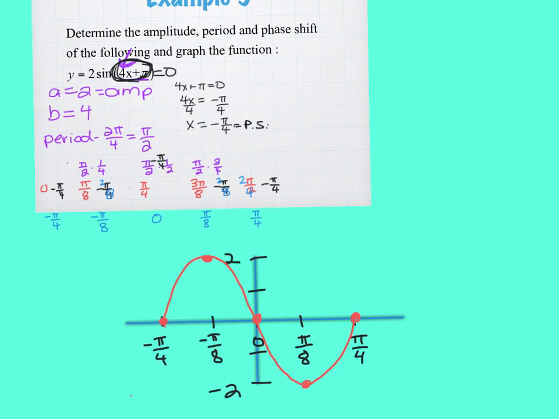So the pattern always starts at 0, then up, then down, then up. For sine, so 0, up, down, down, up.